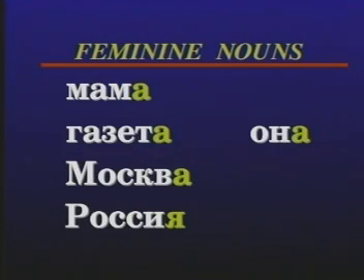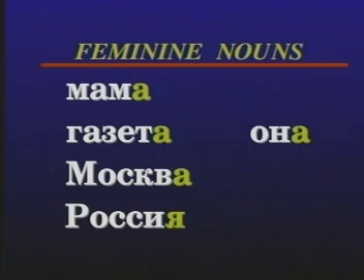Feminine nouns end in «а» or «я». Мама, газета, Москва, Россия. These are feminine nouns. And within a sentence, any feminine noun can be replaced with the pronoun она, which also ends in «а». «А» is our basic feminine ending in the Russian language.